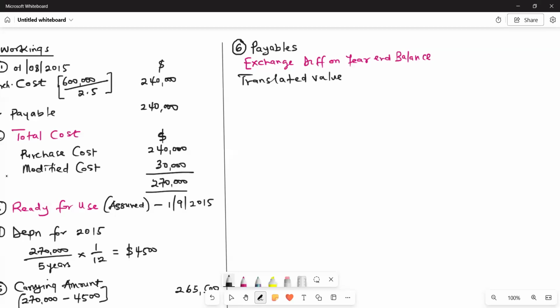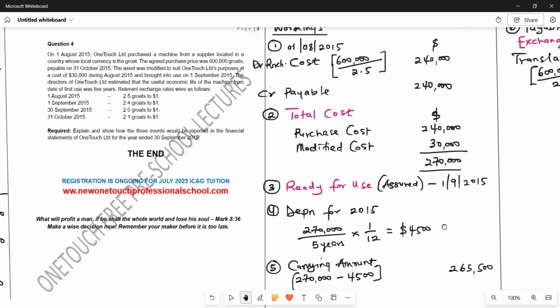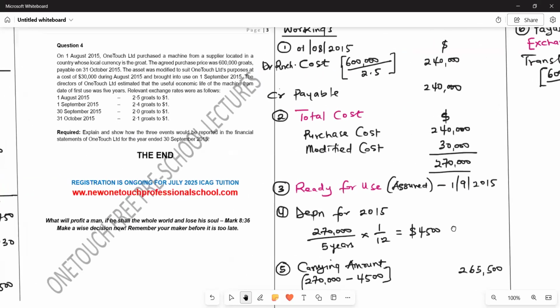What will be the translated value? 600,000 over 2. What is the rate at the end of the year? The year ends at 30th September 2015.